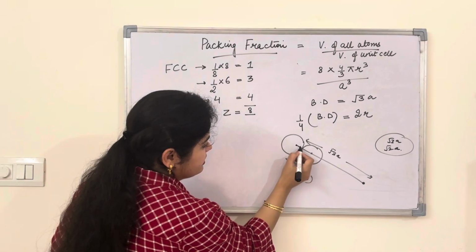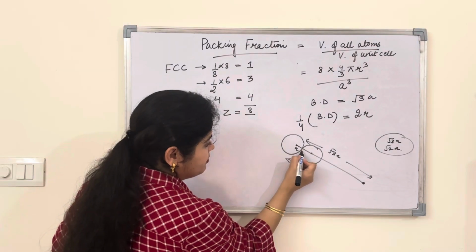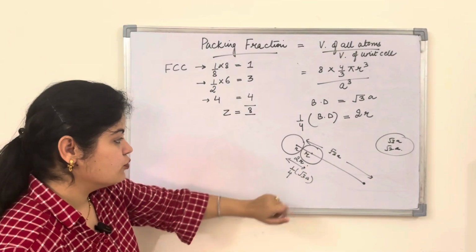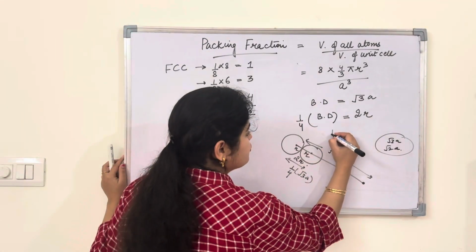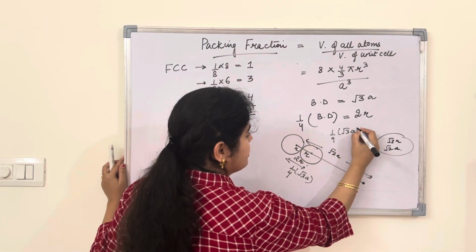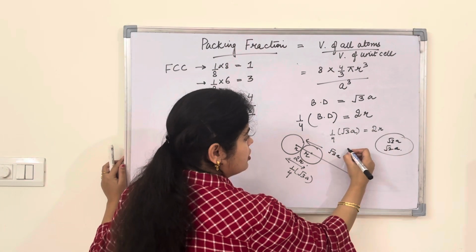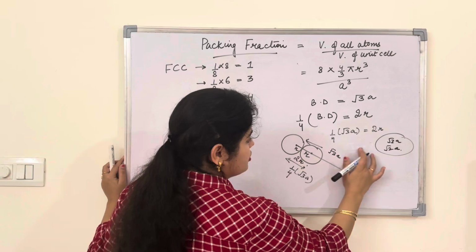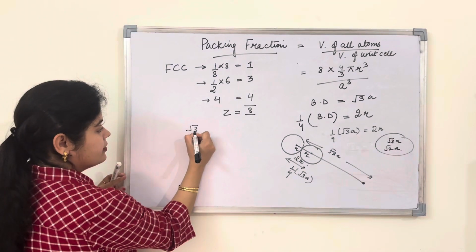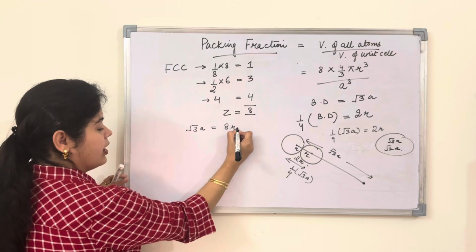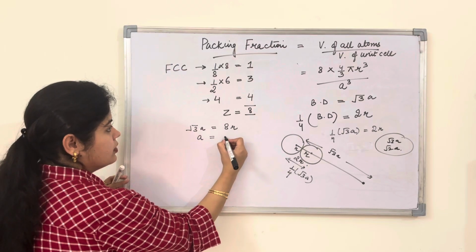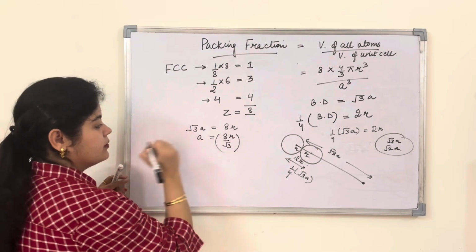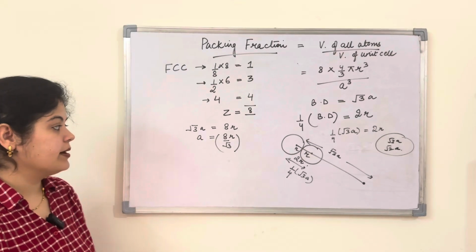So this particular distance is basically r plus r, twice of r. So 1/4 into root 3a is equal to twice of r, so root 3a is equal to 8r, or a is equal to 8r by root 3.